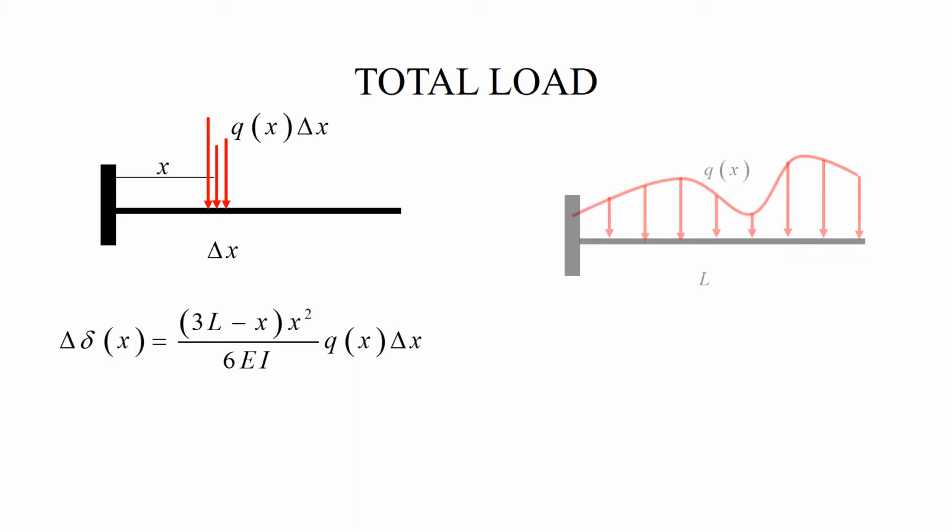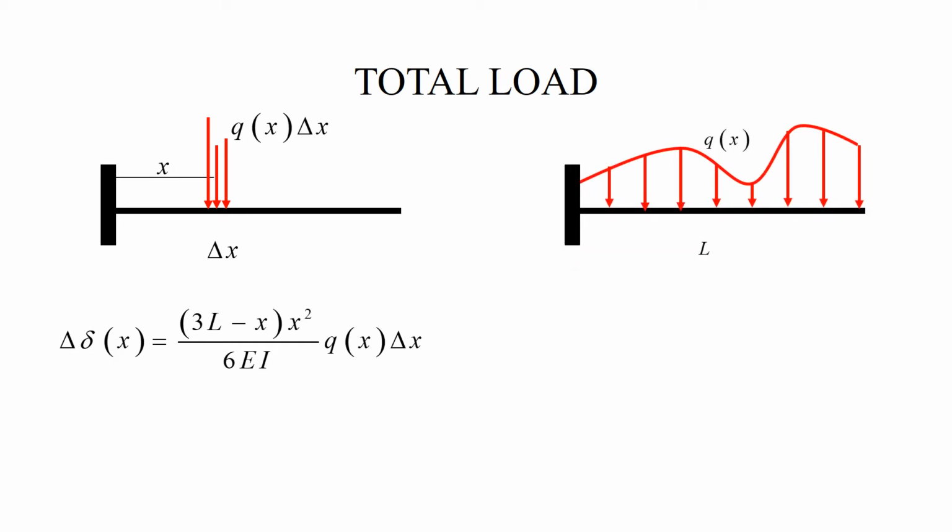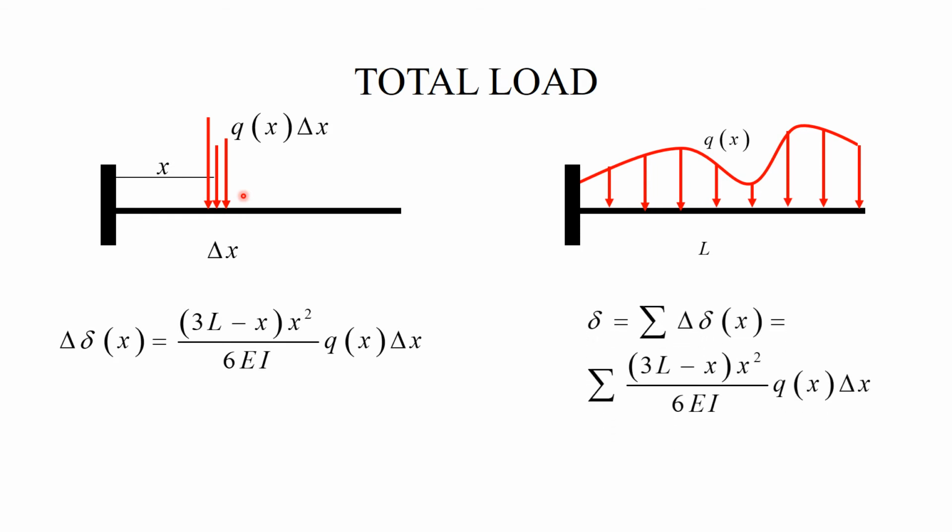Now, if I look at the entire beam loaded by a load, which is a superposition of elementary loads, then I can say that my delta is the sum of the deltas induced by elementary loads of this type.